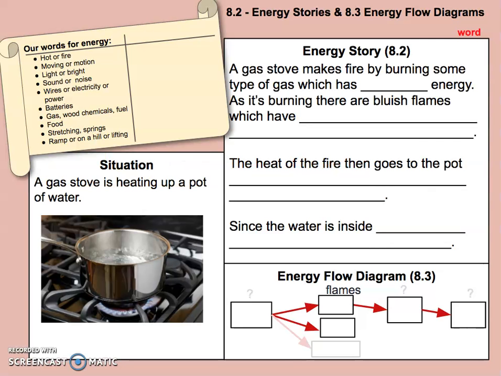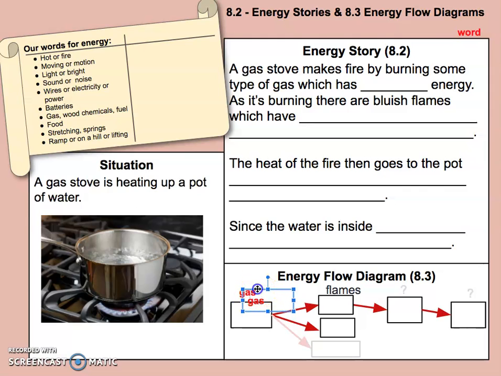So here in our gas stove, which has those blue flames, we have a lot going on. So like I said, this first part is going to be the gas that's coming into the stove. So I'm going to call that the gas that comes into the stove.